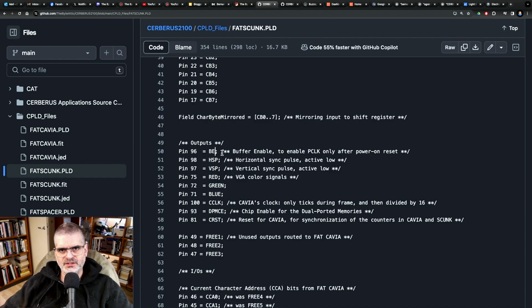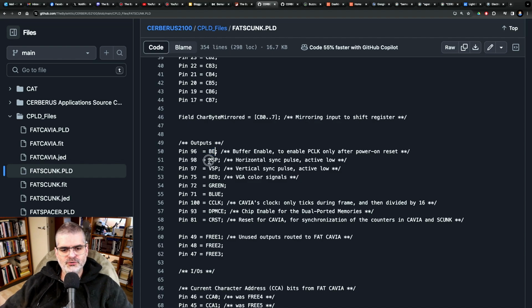So to prevent it from getting a clock before it's fully powered up, I pass the clock through an external buffer, which must be enabled by this buffer enable signal, which the CPLD, in this case Skunk, can only generate when it's fully powered up. So this ensures that Skunk never gets a clock before it's fully powered up, because it only produces the BE once it's powered up, and the BE controls the buffer that passes the clock to Skunk.